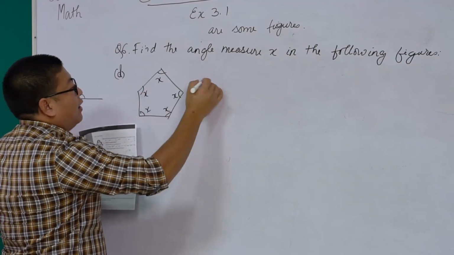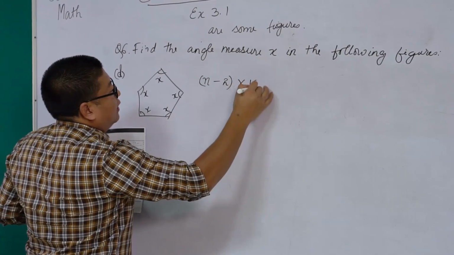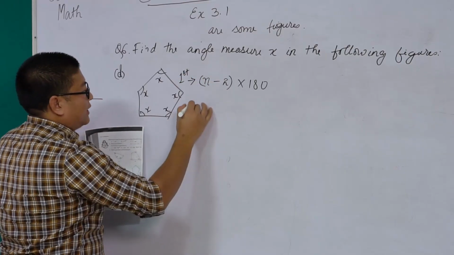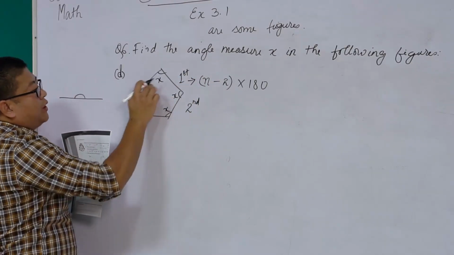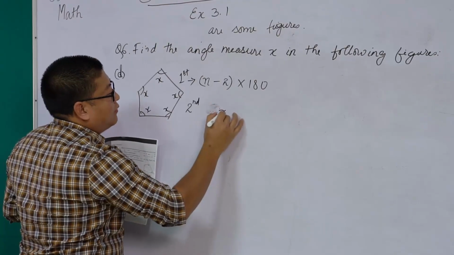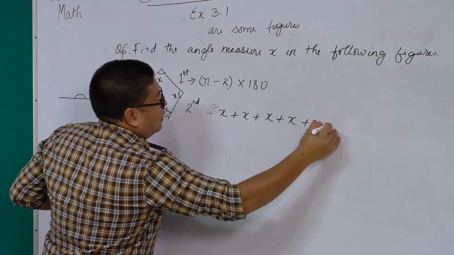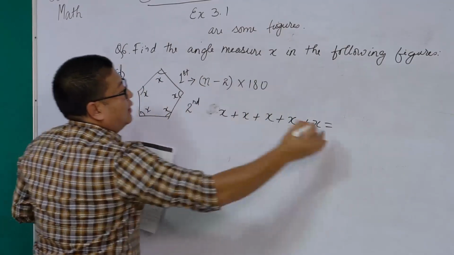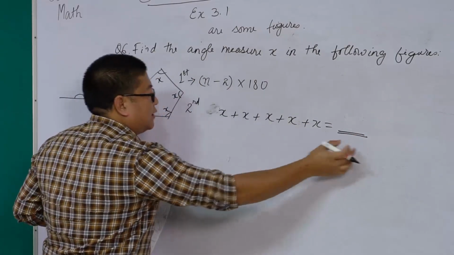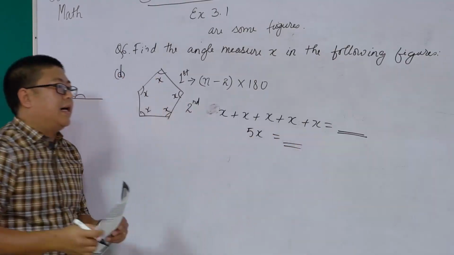First step, find the total angle. Second, there are 5 angles, so you add all these 5 x's, 5x, and whatever answer you get here, you will insert here. You solve this and try this at home.